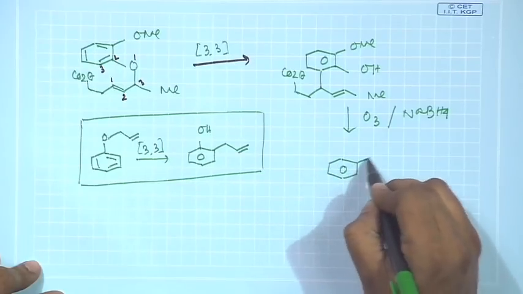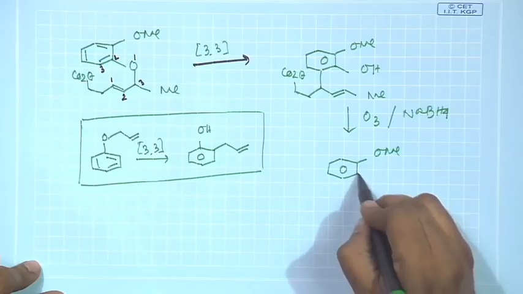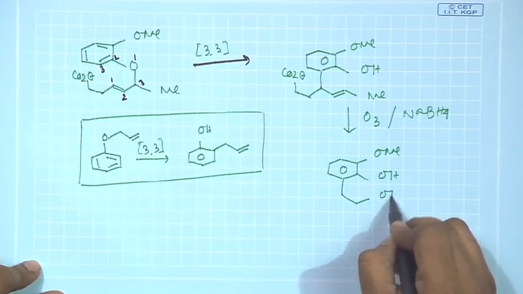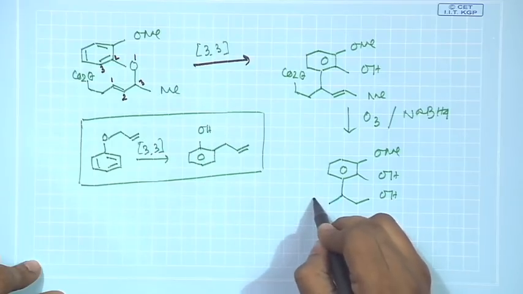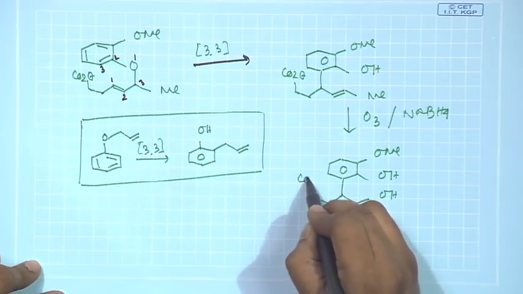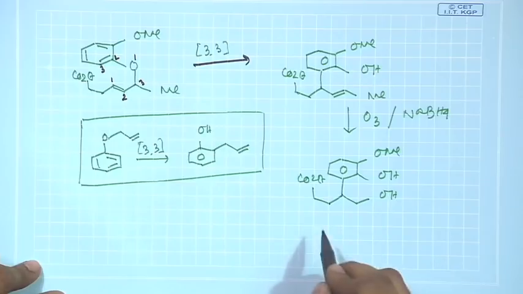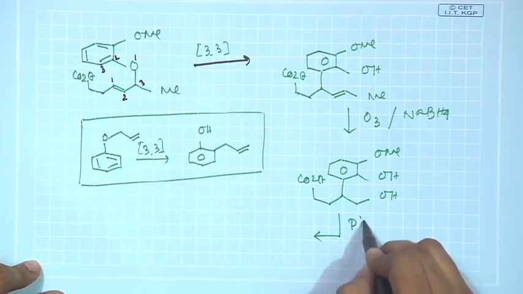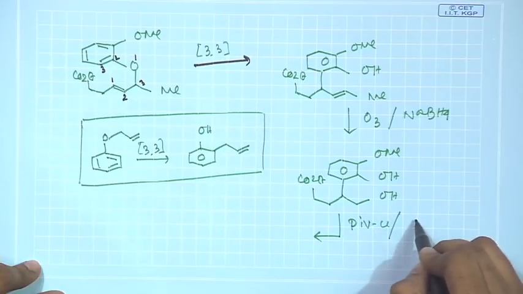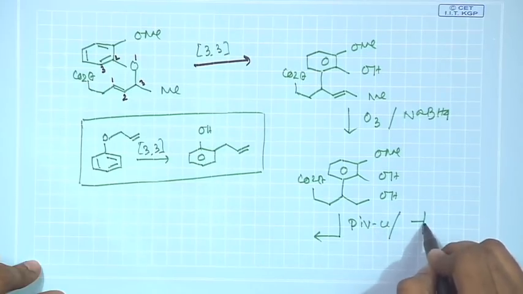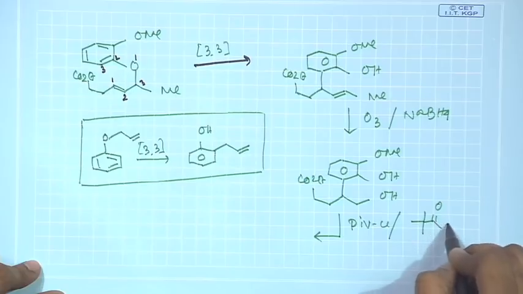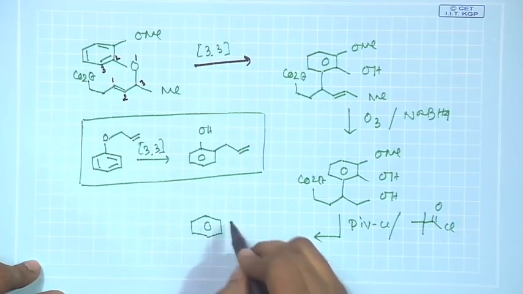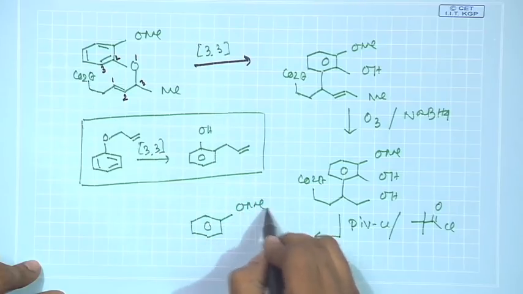We write down the free alcohol, which you can now protect with this compound, whose name is pivaloyl chloride, whose structure is basically nothing but tertiary butyl COCl, the acid chloride, and then it basically gives you the corresponding pivaloyl ester.